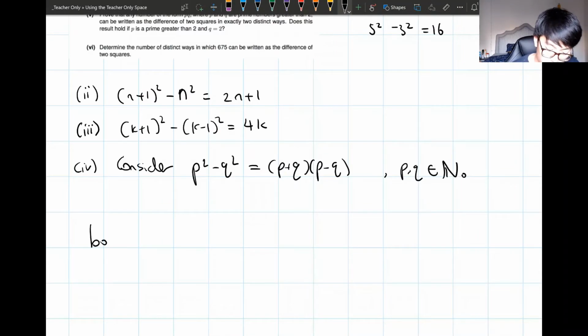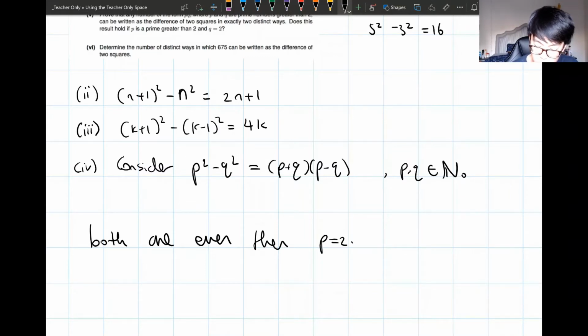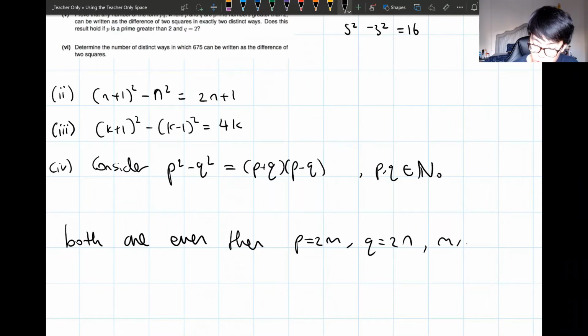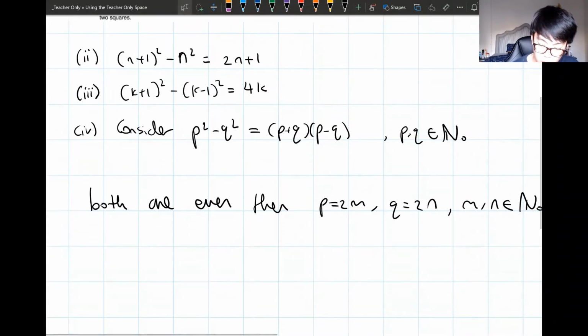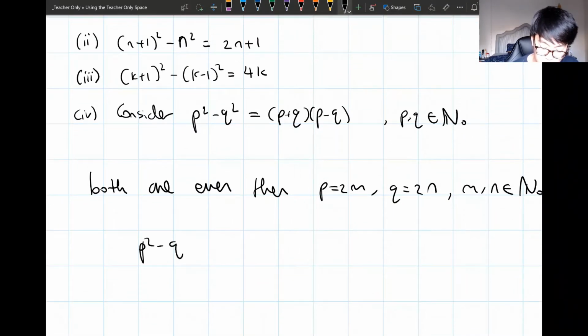So if both are even, then we can say that p is 2m, q is 2n, for some m and n. Then p squared minus q squared is equal to 4 multiplied by some constant.